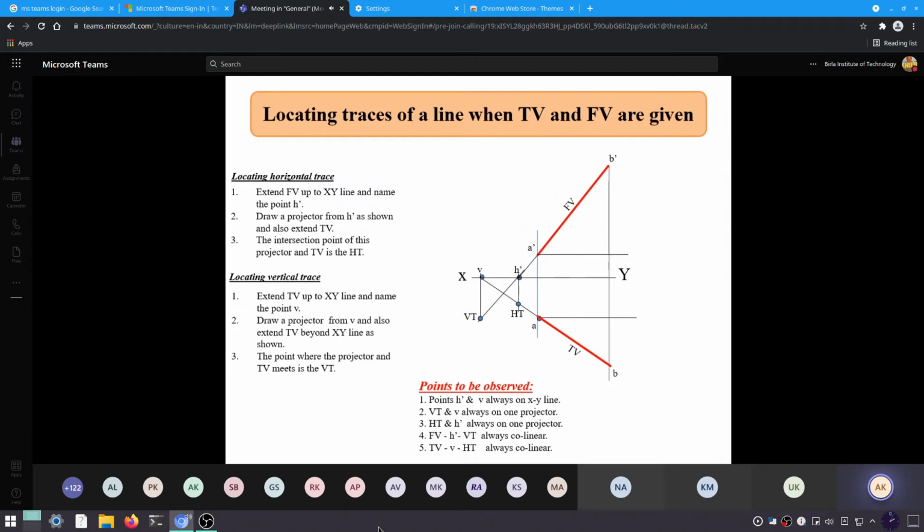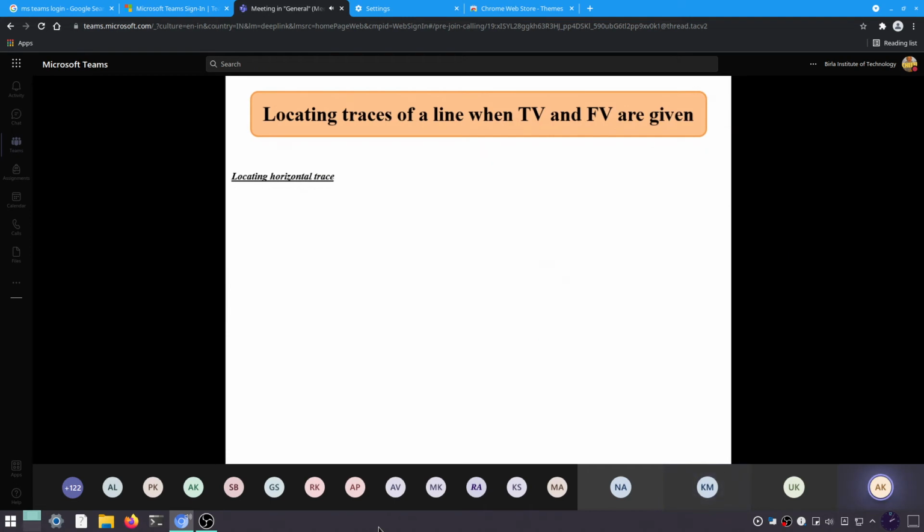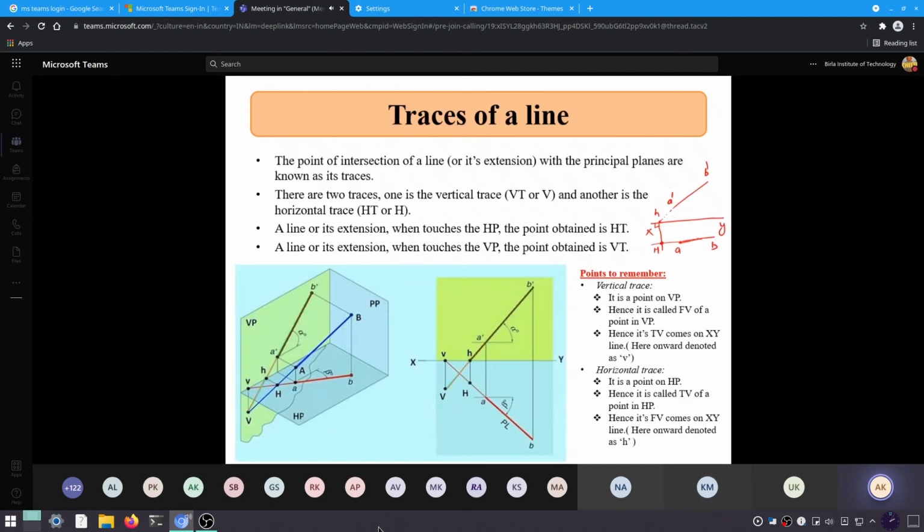In this case, if you see it closely, the line is meeting the horizontal plane first, but there may be cases in which the line is going to meet the vertical plane first, and later on it will meet the horizontal plane.